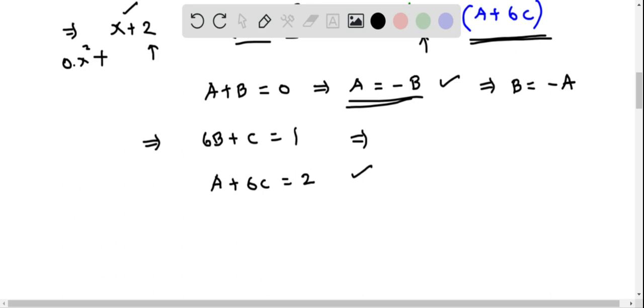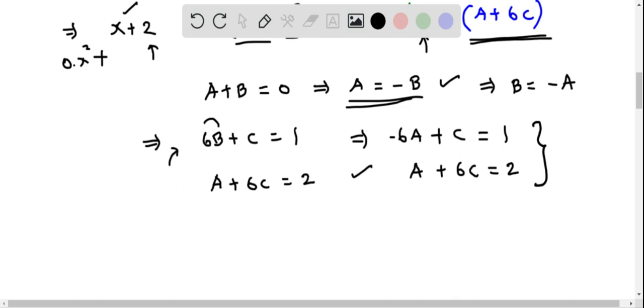So I'm going to plug in b equals negative a into this equation. When I do that, 6 times b is 6 times negative a, so that is negative 6a plus c, this equals 1. And we have the other equation, that is a plus 6c equals 2.